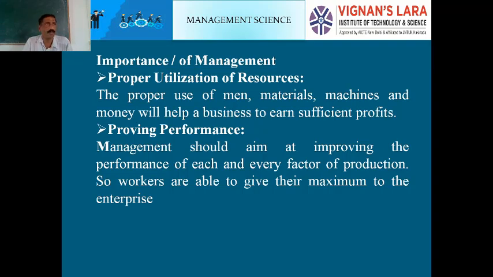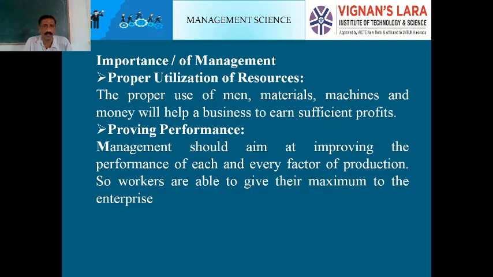Resources mean basically man, material, machines and also finance, land, labor, capital, organization, technology, experience, knowledge. These resources are optimally utilized, properly utilized without wastage. If wastage is there, it will be minimized or reduced by management.